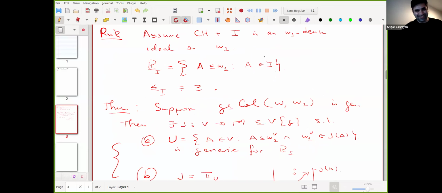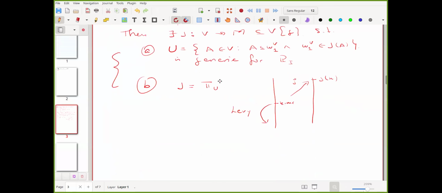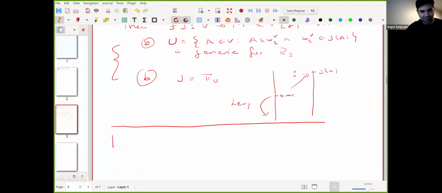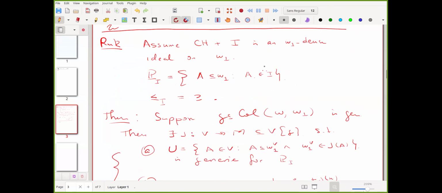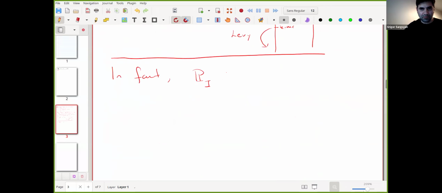Is it also true that every generic is such a U? You mean that P_I is the set of I-positive sets? In fact, yes, the I-positive sets. But you wrote just I. You should write I plus. Oh, okay. In fact, the stronger thing is that P_I is isomorphic to Col(omega, omega-1). So the ideal is just this forcing.